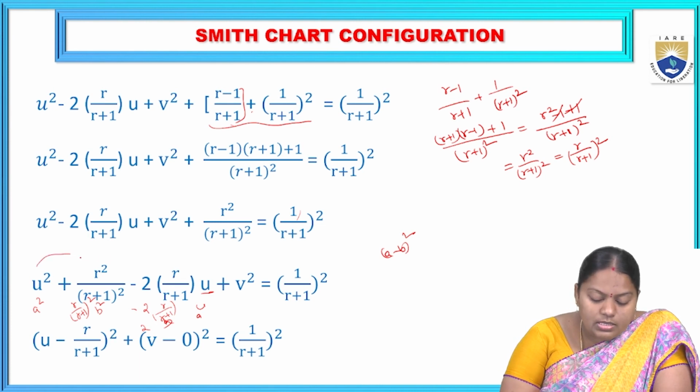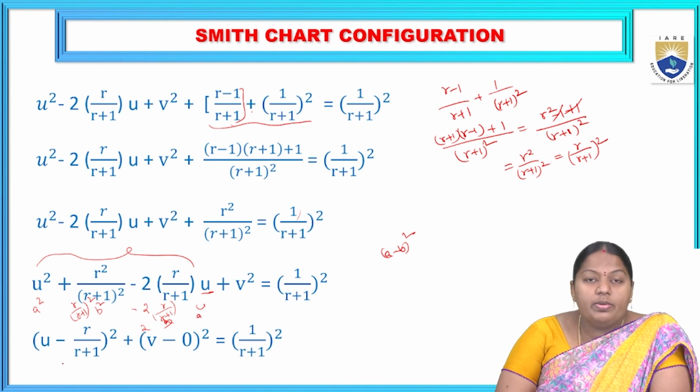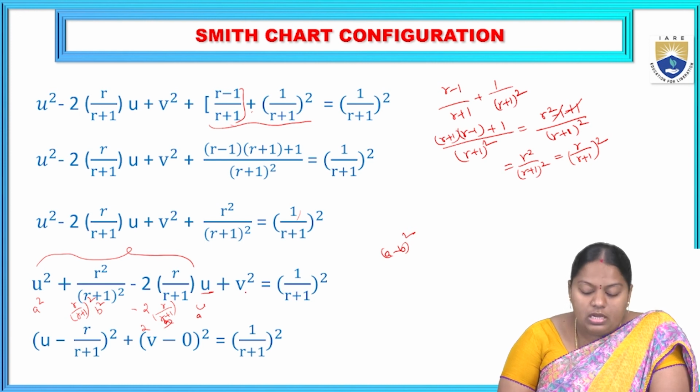So from all these three terms, we write u minus r/(r plus 1) whole square plus v square, which was left out. We write v square as v minus 0 whole square, equal to 1/(r plus 1) whole square.